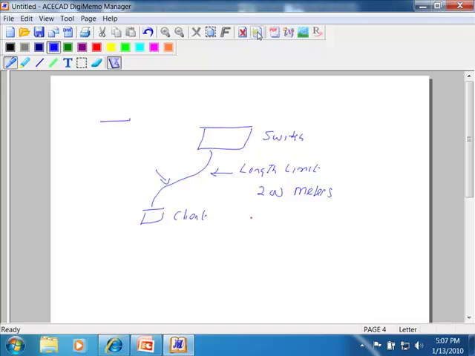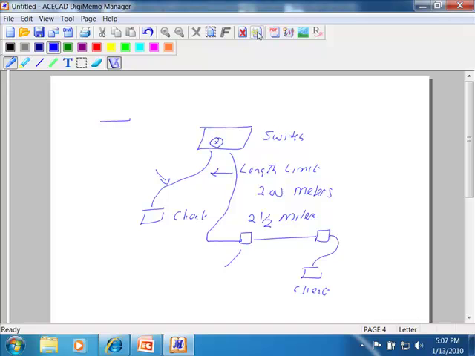So if you want to extend the distance from your switch, assume that this switch is in your wiring closet far away, then you put something called repeaters in between. And here we are, this is your client. Now instead of 200 meters, you can have 2.5 miles.